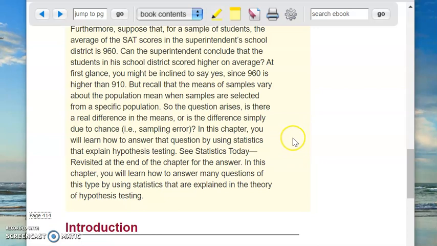So it's very easy to just by random chance get a sample that is different from the population. So in Chapter 8, and then in Chapter 9, we're going to learn how to answer that question. A scientific way of trying to decide, is there a difference? And the words we normally use are, is there a statistically significant difference?